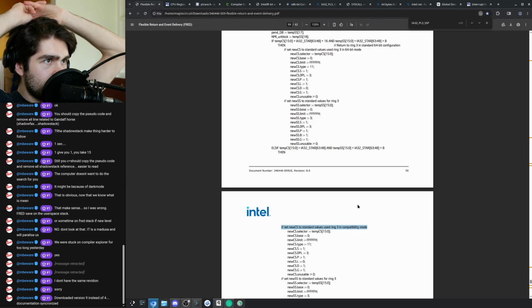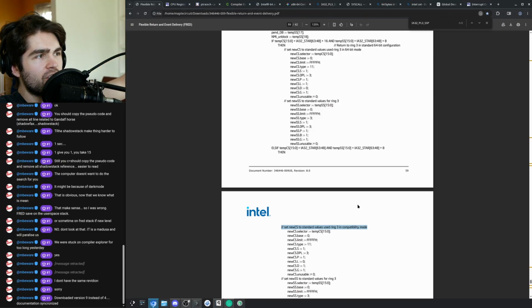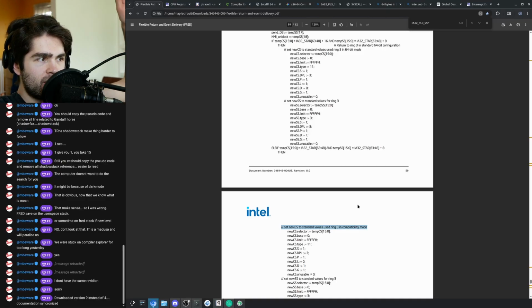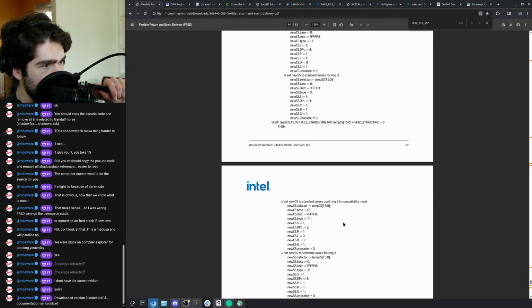So we can still run 32-bit software using FRED. It should not change anything because the commands that we're working with are all part of the kernel. The kernel handles all of the things that we're looking at, so it shouldn't affect the 32-bit part of things.